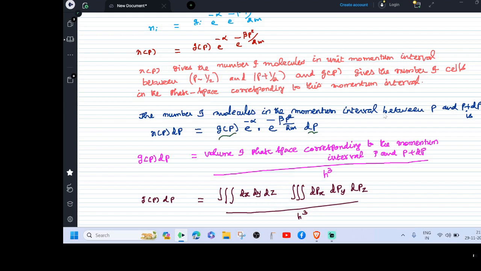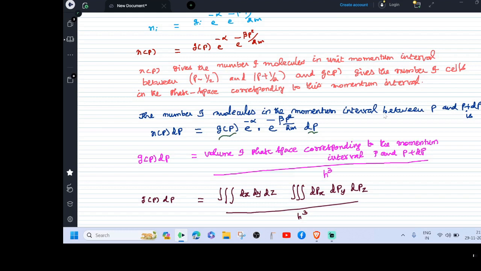Volume of phase space corresponding to momentum interval p and p plus dp is equal to integral dx dy dz into integral dpx dpy dpz. This is position phase, this is momentum phase. These two are called phase space.